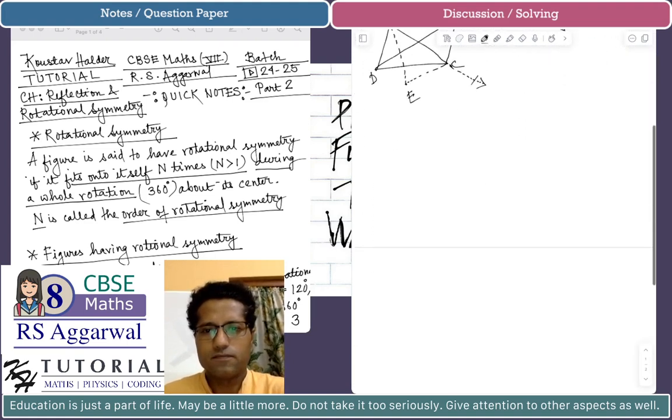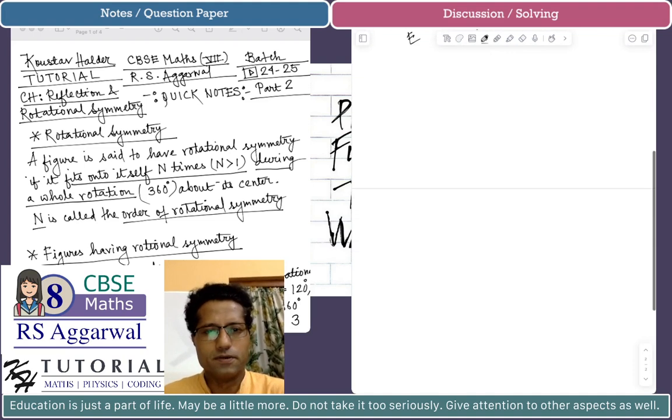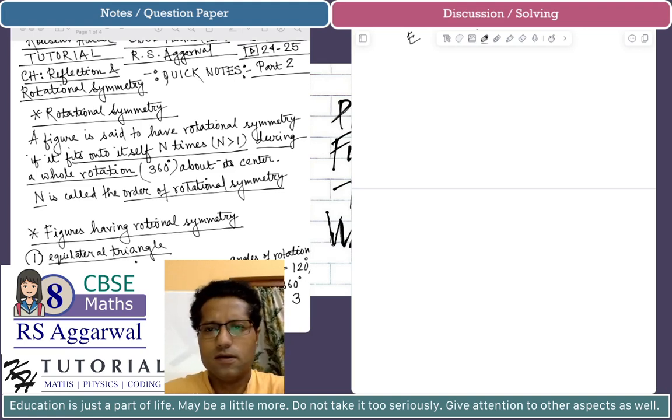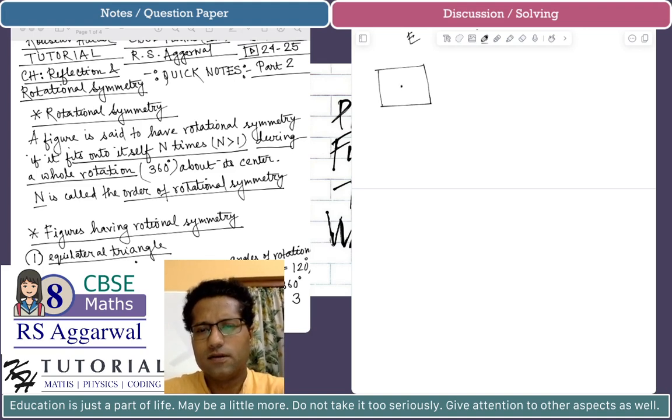Now let's start. What is rotational symmetry? The basic concept is that you have a figure, and that figure must have a center of rotation. I will discuss with the standard figures. If it is a square, this is its center of rotation.